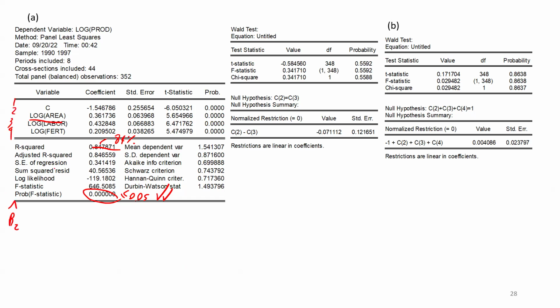So beta two hat, which probability is it? It's zero, zero, zero, zero, zero, zero.